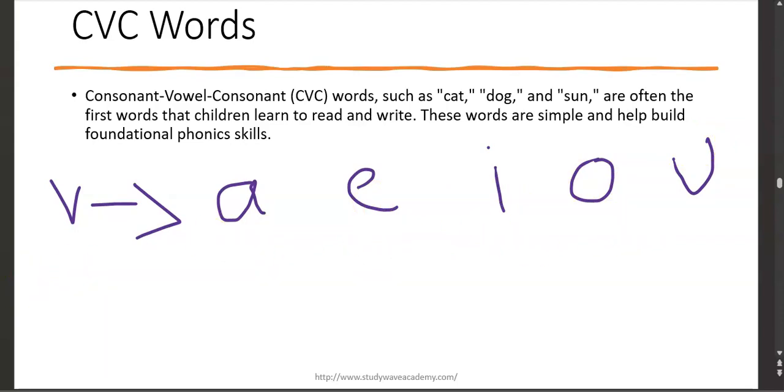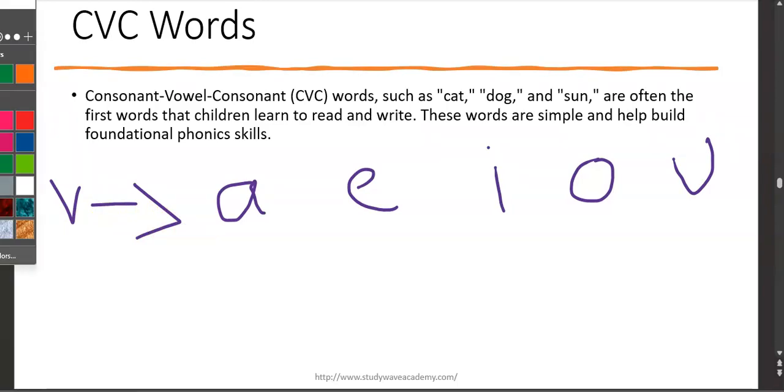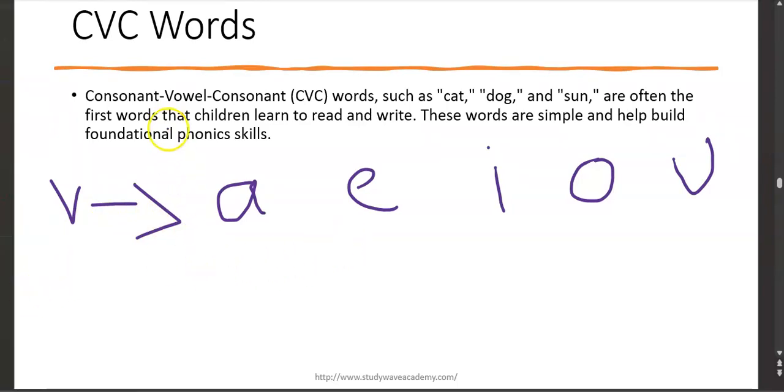So in our last classes, we talked about the letters of the alphabet. All the letters of the alphabet are consonants except these 5, the A, E, I, O, U, which are our vowels.